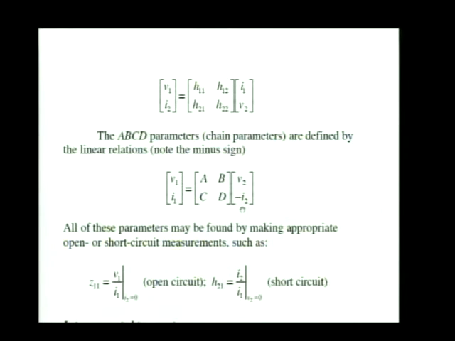You could think of this almost like a transfer matrix. It tells you how voltages and currents at one port transform into voltages and currents at the other port. By the way, there's a reason for putting a minus on here in my definition for the ABCD parameters. And we'll see that reason soon enough when we get to interconnecting two-port networks together.